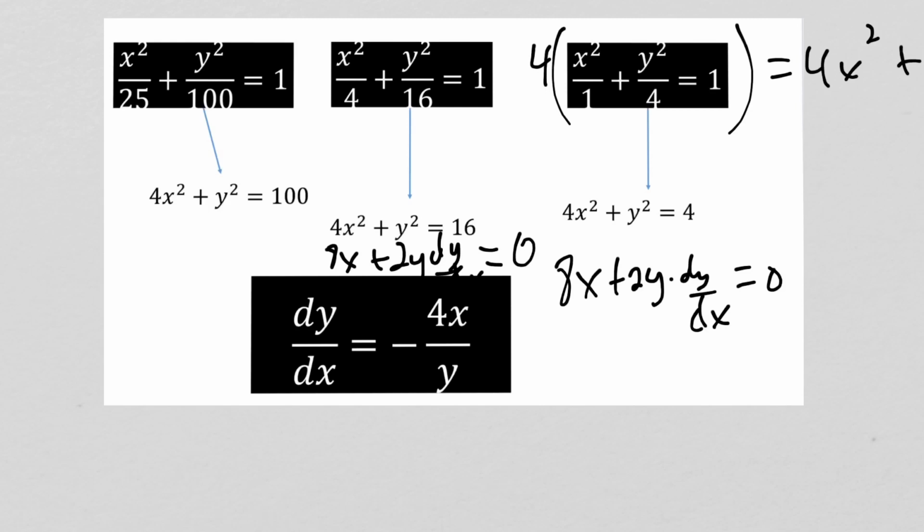Okay, so it turns out that this number doesn't matter for the dy/dx modeling the slope. What this number is going to do is determine the size of our ellipse, and we'll look at the three different ellipses graphically in a second here. But this dy/dx is actually going to model an infinite number of ellipses, all with the same property of having the same ratio from the semi-major to the semi-minor axis.